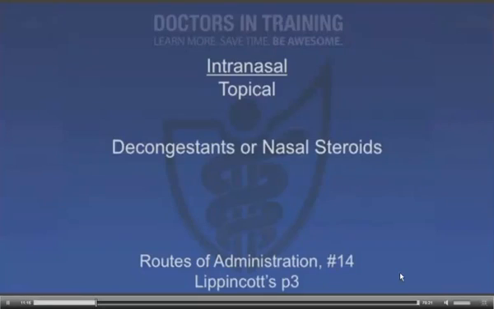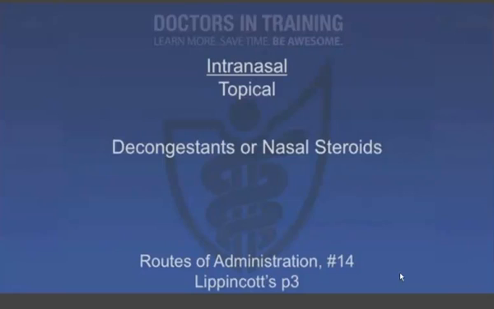Again, you have topical decongestants, you have nasal steroids, brand names you've probably heard of like Flonase and Nasonex and Nasacort, very commonly used if you live somewhere where there's a lot of allergic rhinitis. So that's more of a topical use of intranasal administration. You can also give some drugs intranasally intending to have a systemic absorption.